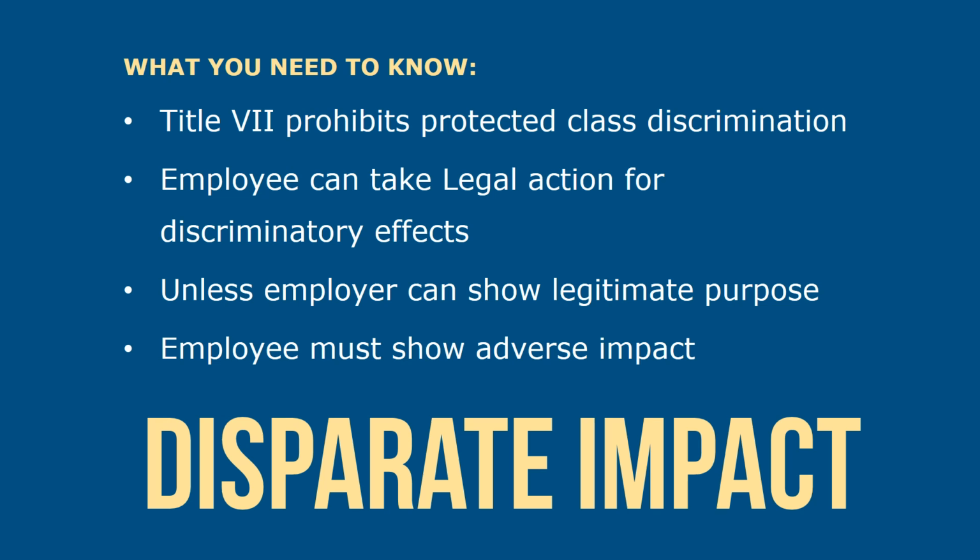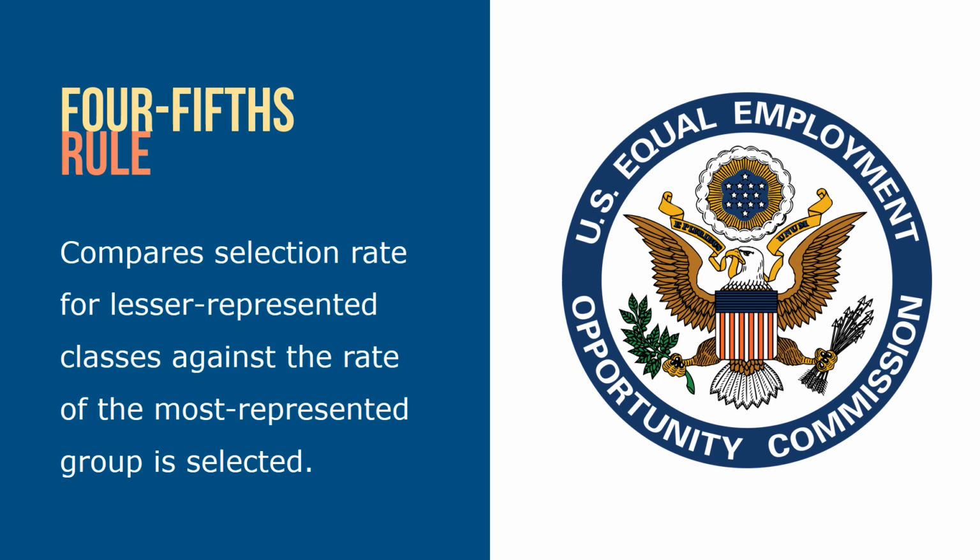To establish that an employer has violated Title VII and prove a disparate impact employment discrimination case, a plaintiff must demonstrate that a specific employment policy or practice caused an adverse impact on a protected class of individuals. The Equal Employment Opportunity Commission, the Department of Labor, and the courts have adopted a test known as the 4/5 rule to calculate adverse impact. This test compares the rates of selection for lesser represented classes of individuals against the rate at which the most represented group is selected.